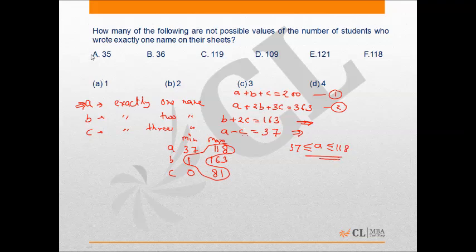So 36 is not possible, 35 is not possible, 119 is not possible, 109 is possible, 121 is not possible, 118 is possible. So there are 4 values which are not possible. So the correct option is option D.